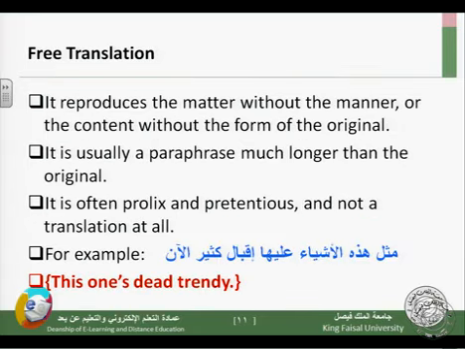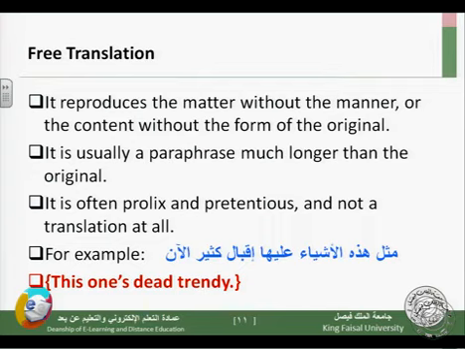Now free translation. The free translation is you reproduce the matter without the manner, or the content without the form of the original. This approach normally paraphrases. It gives more information.